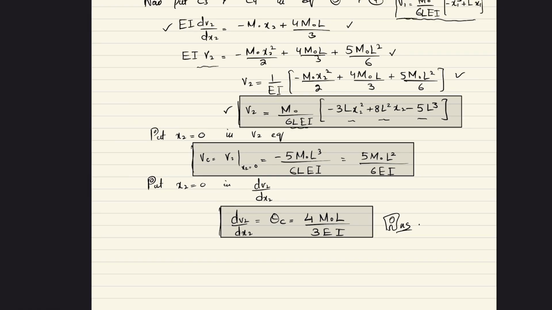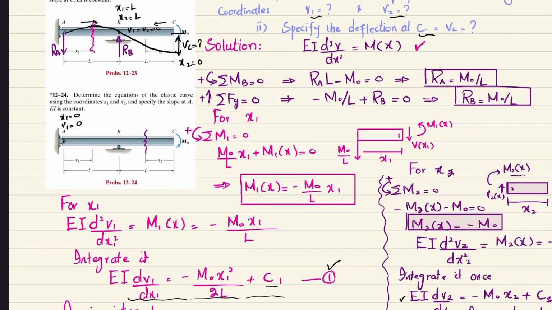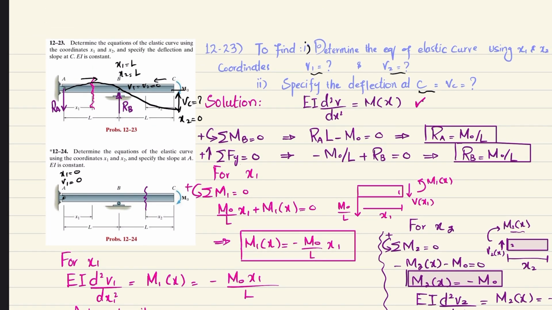Now we will move toward the second question, and you can see the second question is exactly the same figure as above, but instead of solving it from the beginning, we will use the same equations. Here we have been asked to determine the equation of elastic curve using coordinates x1 and x2 and specify the slope at point A. So we have to find the slope.